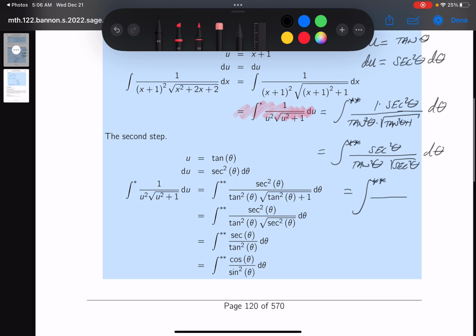Again, I'm trying to meet a milestone here. This is secant squared theta d theta over tangent squared theta times, in the invertible region, just secant theta. Let's keep going. I'm trying to simplify it. I would get secant theta over tangent squared theta d theta.